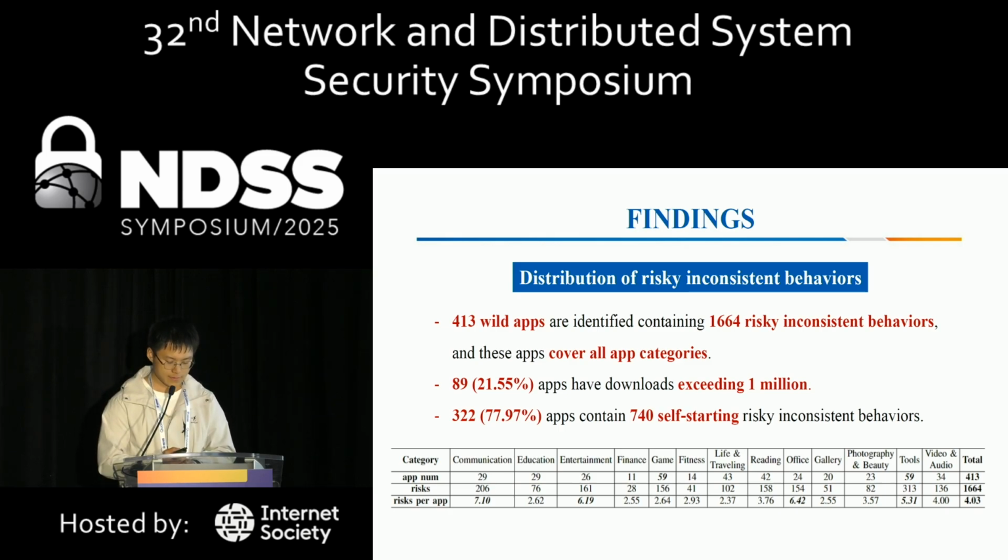Additionally, we found that 77.97% of apps contain self-starting risky inconsistent behaviors, which means that the behaviors can be triggered automatically without user interaction, posing a serious threat to user privacy.